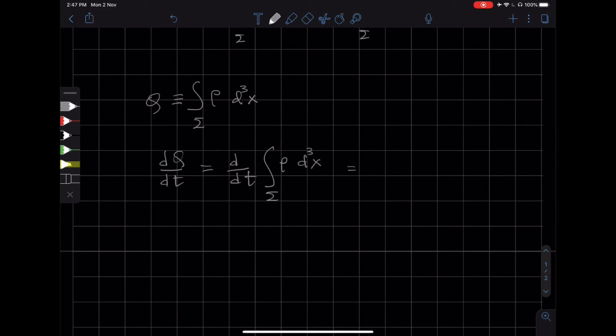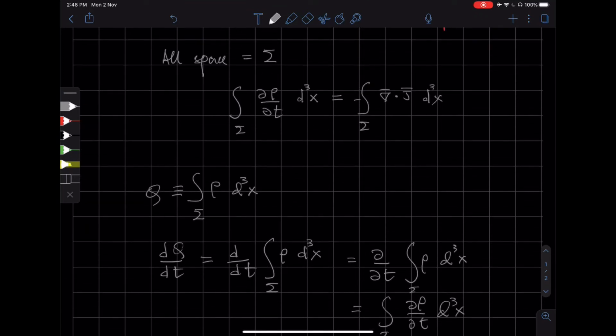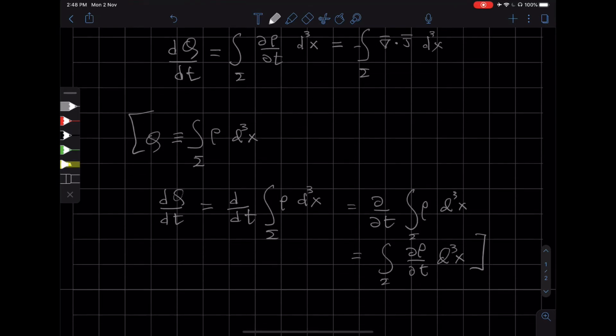Then we can write this total derivative as a partial derivative. And then we can differentiate under the integral sign. So what we've seen is that the left-hand side of this equation is nothing but the time derivative of Q. This is what we have demonstrated.